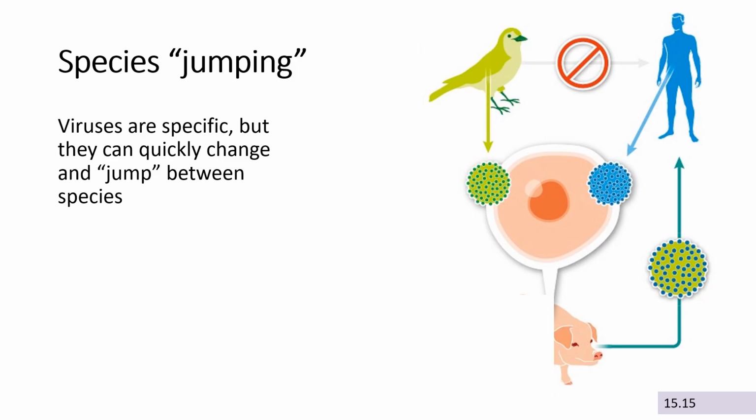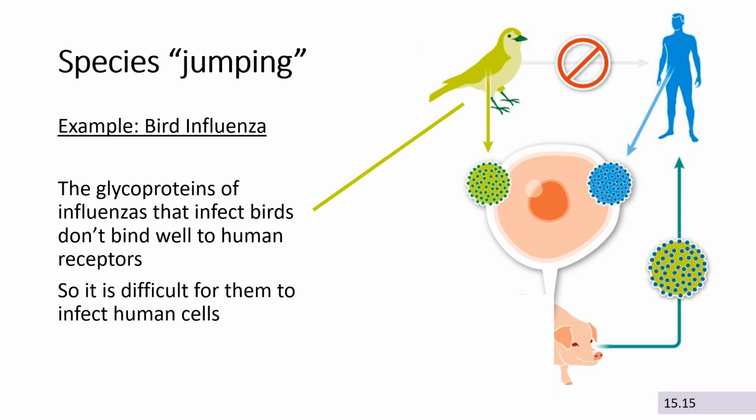While viruses are specific, you're probably aware that viruses can jump between species. To understand how this can happen, let's take a look at the example of bird influenza and how it jumped to humans. Influenzas, or flu viruses, that infect birds have glycoproteins that don't bind well to the receptors on human cells. So those viruses cannot infect human cells.